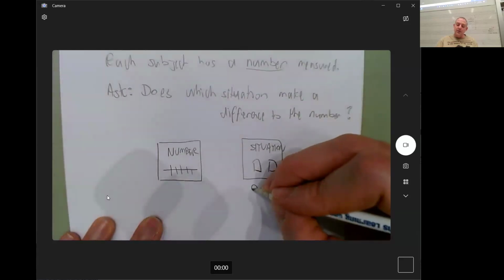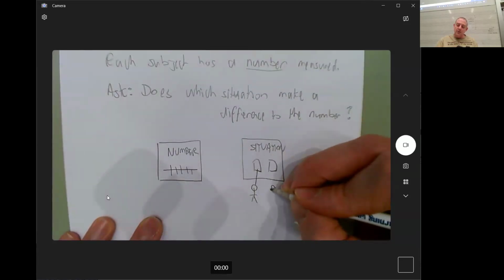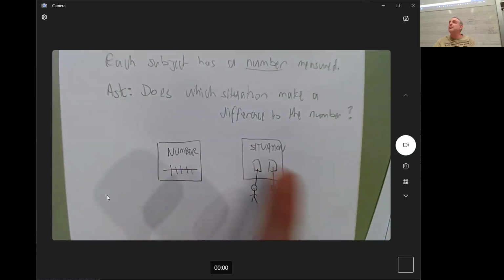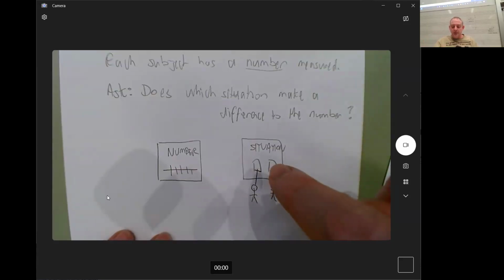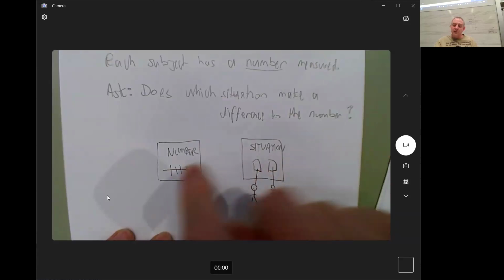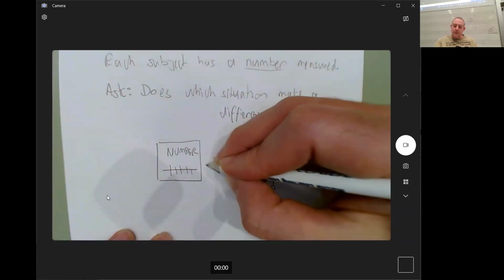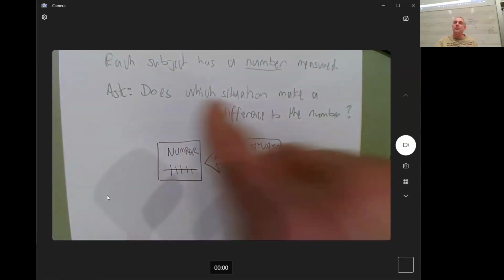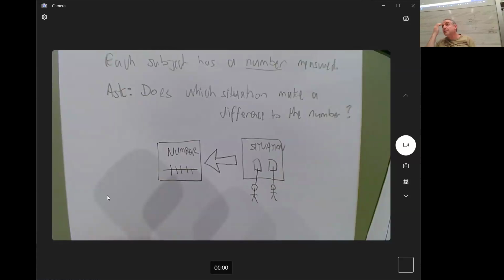And every individual subject is only in one of those situations. Different individuals are in different situations. Some of them are in the same situation, but each one of them only has one. And we want to know, does the situation you're in make a difference to the number that you get? That's my picture of this story.